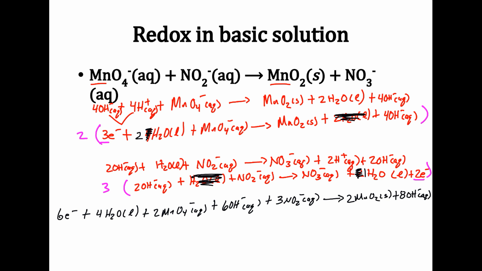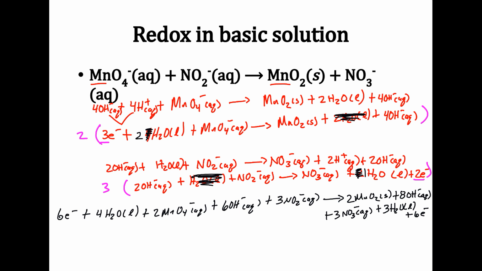I have to go to the second line here. Plus 3NO3 minus, plus 3 waters, plus 6 electrons.